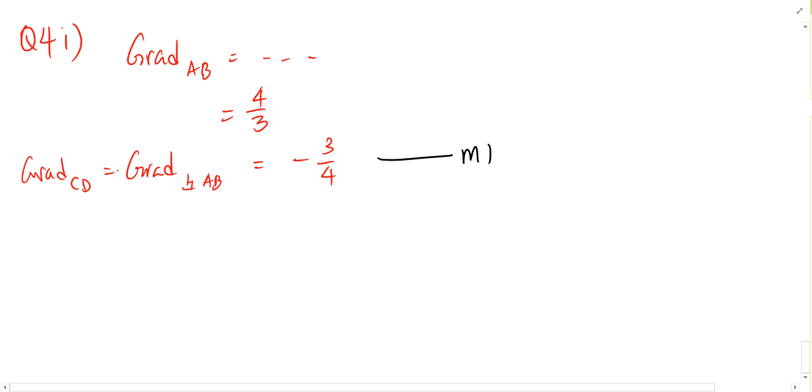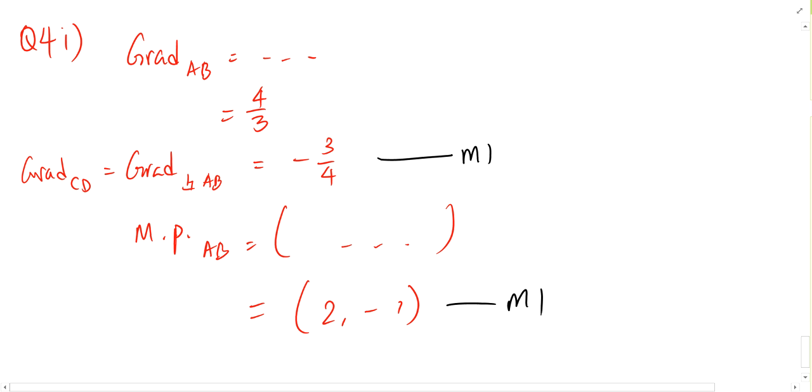What else do we require? Since they say it is the perpendicular bisector, midpoint. What is the midpoint of AB? 2, negative 1. Midpoint AB equals to 2, negative 1. Another method mark. Finally, substitute.